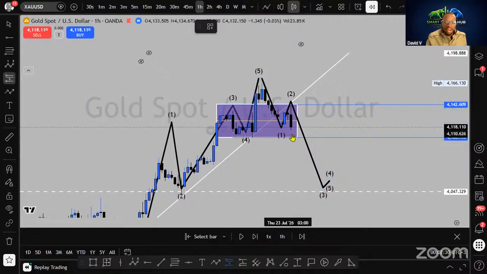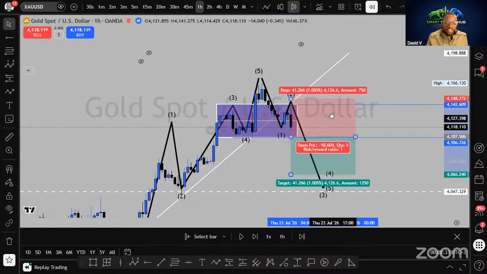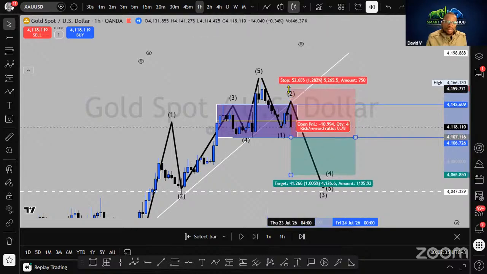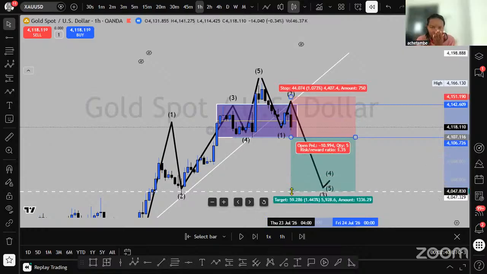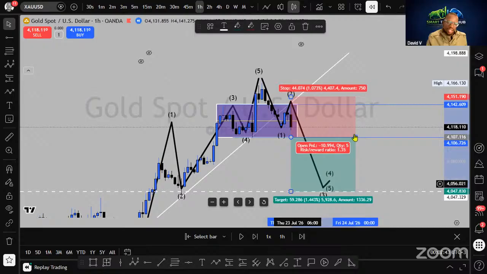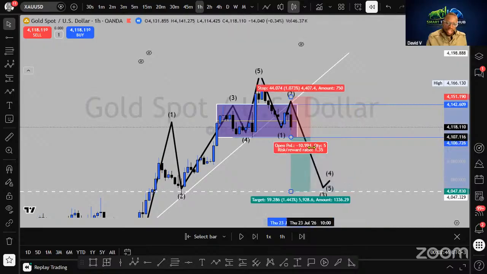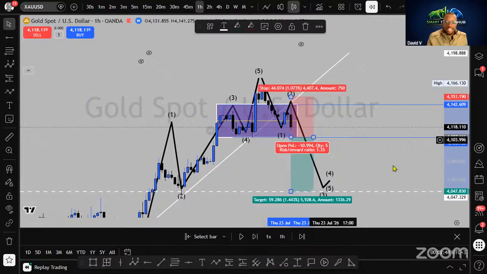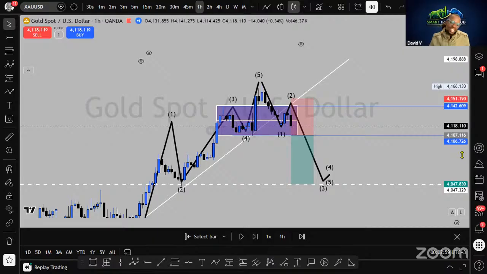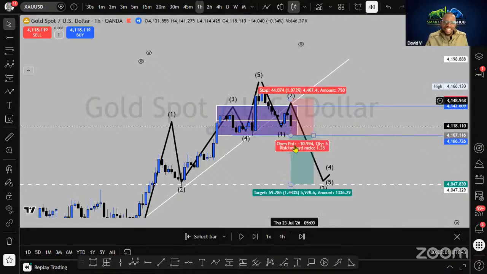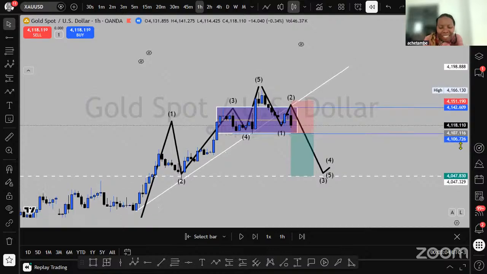Remember the trade is still above me. So if I place my order here, what am I placing? A short. Okay, yes, it is a short, but what kind of an order is this?